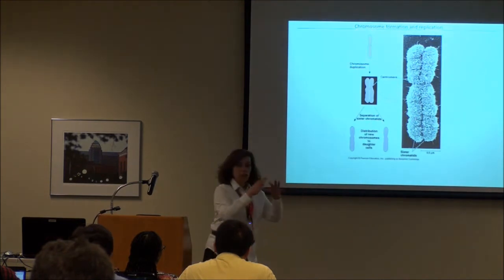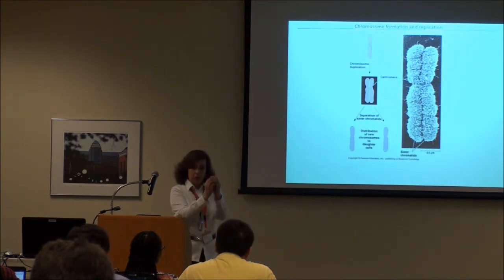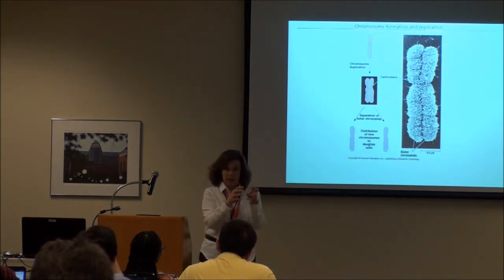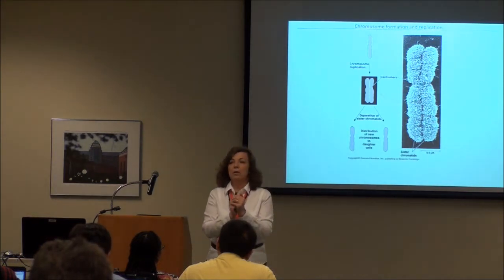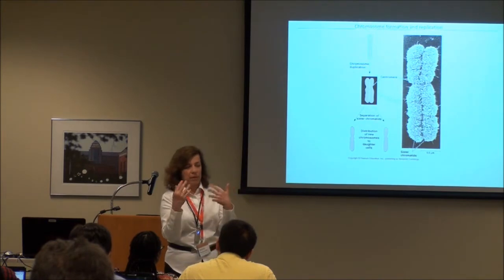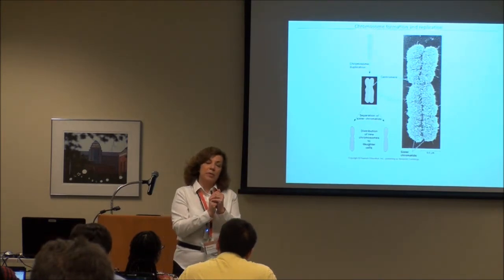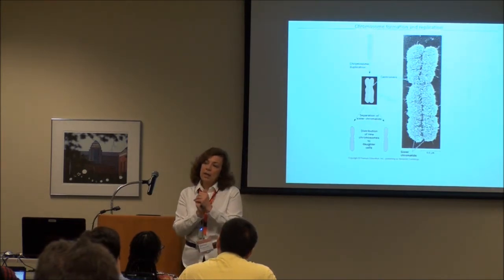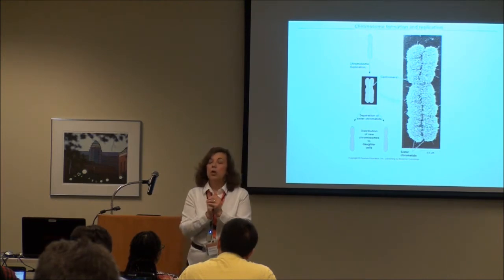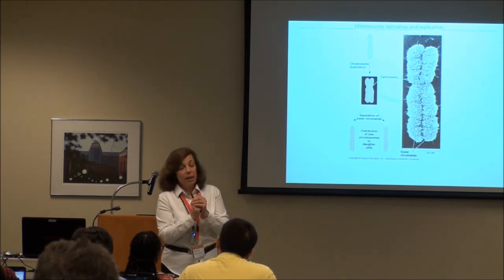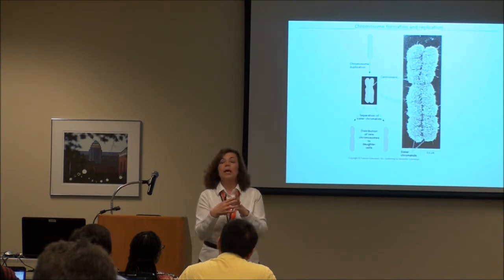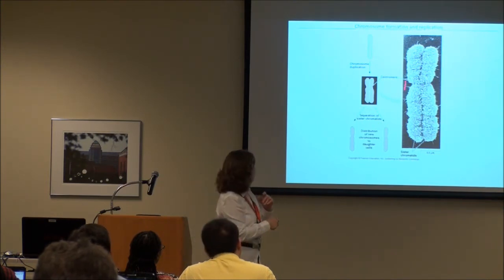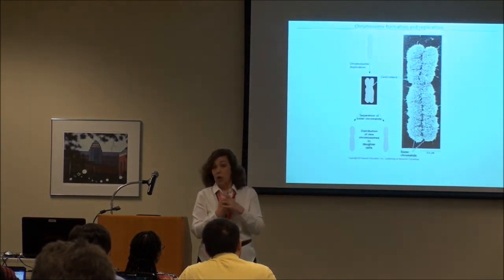Now, you know that in the cell, we have a nucleus, and in the nucleus, we have DNA. That's the basic genetic material. We don't see that genetic material with just a light microscope under normal circumstances. But when the cell decides to divide, that DNA material starts condensing and supercoiling into very specific structures that we call chromosomes. And we can see them.